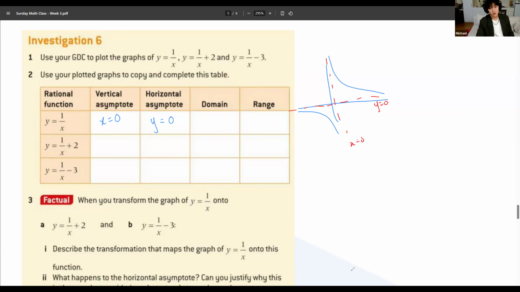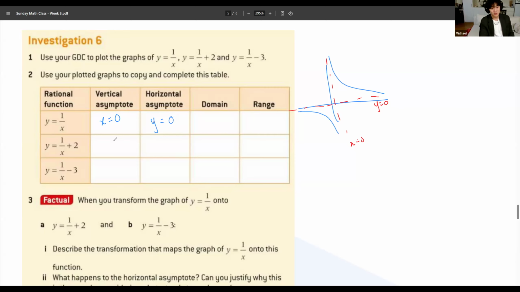So you're saying x equals 0 makes the graph undefined. Well, no, I thought x equals 0 was the asymptote. Yeah. You said 1 over 0 plus 2 is undefined, right? Yeah. So you're saying x equals 0 makes the graph undefined, right? Yeah. And that is how you find out the vertical asymptote. Oh, okay. Yeah.